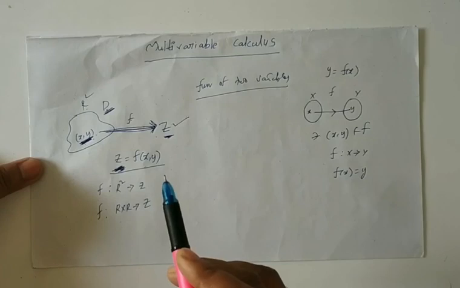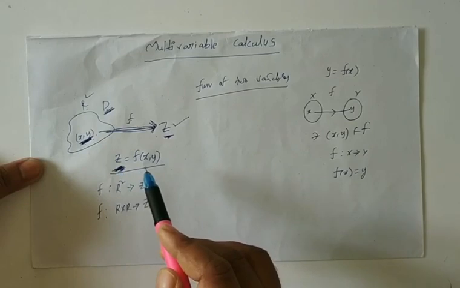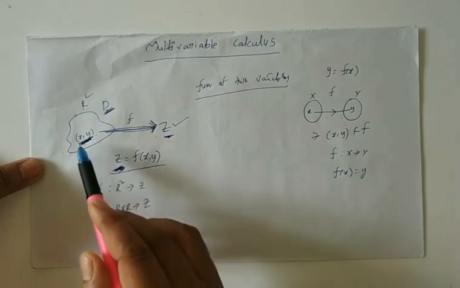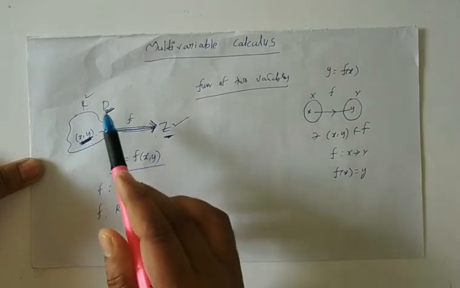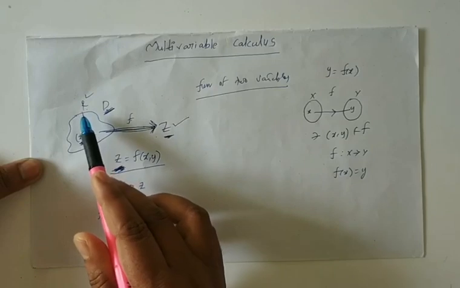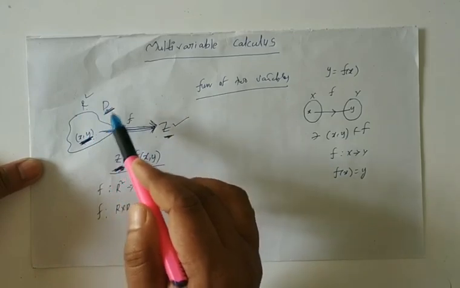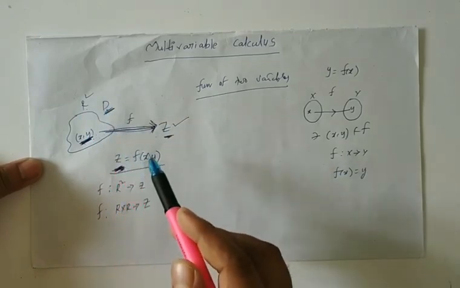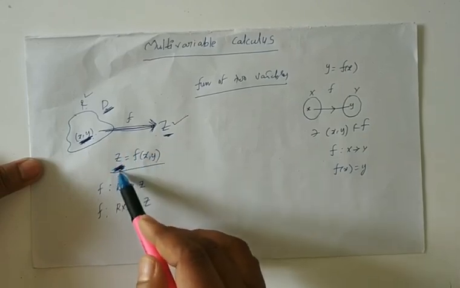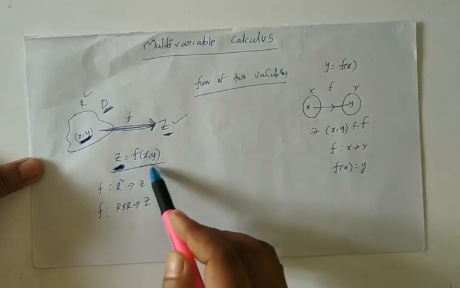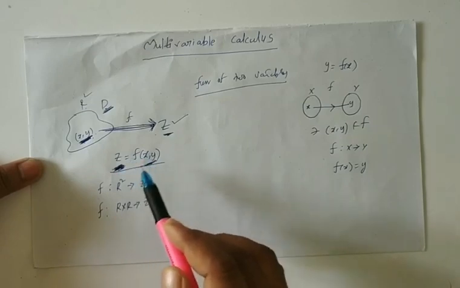So here the set D is called the domain of the function, and the range of the function f is the set of all real numbers z for which there is at least one ordered pair (x, y) belonging to D such that f of x comma y is equal to z.